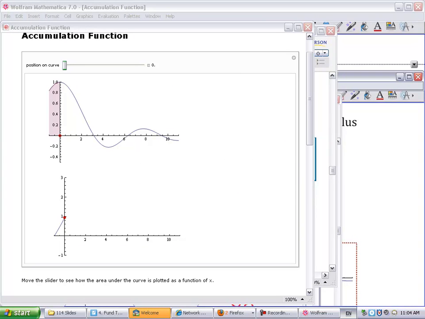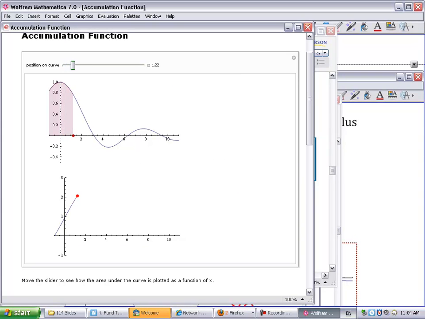As we move the x value, you see we get more and more area, and so the area function is going up. And then if you see what happens right here, as little f of t goes below the axis, the area we're adding, remember, the integral there is negative. So the accumulated area function, the net area, is actually decreasing.